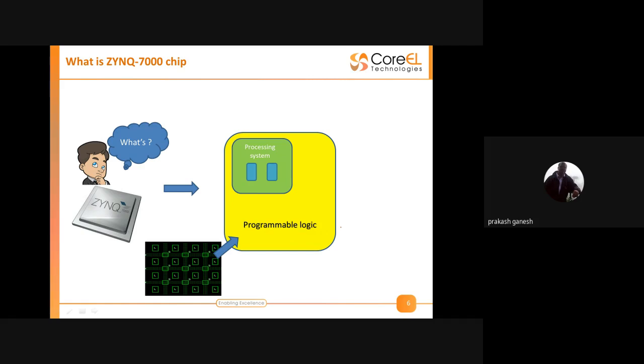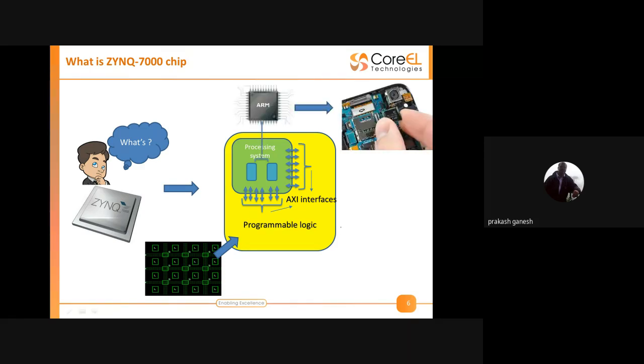In Zynq 7000, we have two Cortex-A9 processors, and we have some AXI interfaces which take care of communication from PS to PL. These are not two separate devices. This is a single device. The processing system has an ARM processor.